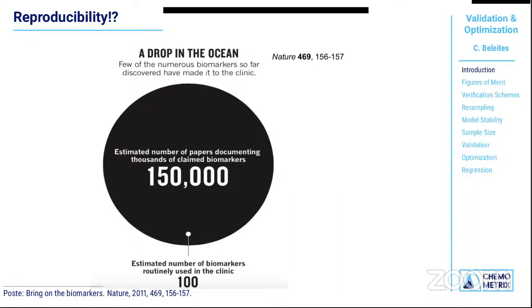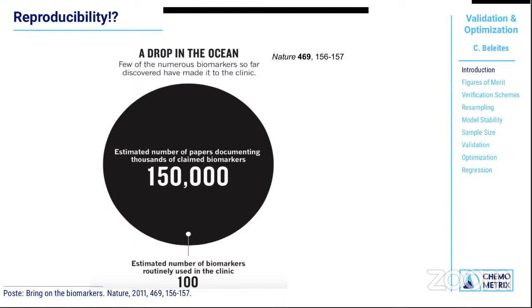Of those 150,000 papers that claim thousands of biomarkers of some kind of importance, in the end only about 100 of them made it into routine clinical use. This is not because the clinicians are somehow reluctant to use more biomarkers, but because they turned out not to be reliable.